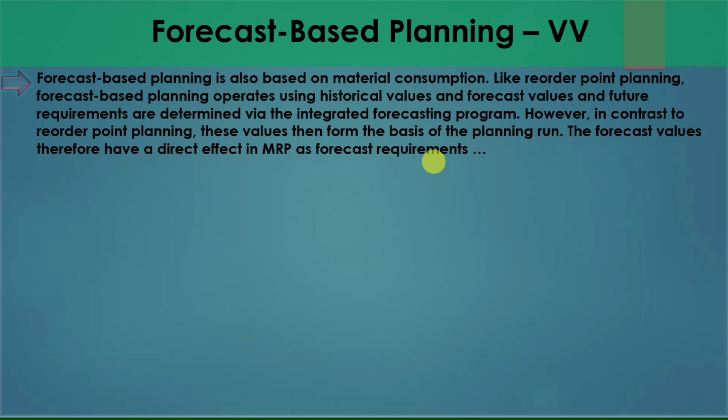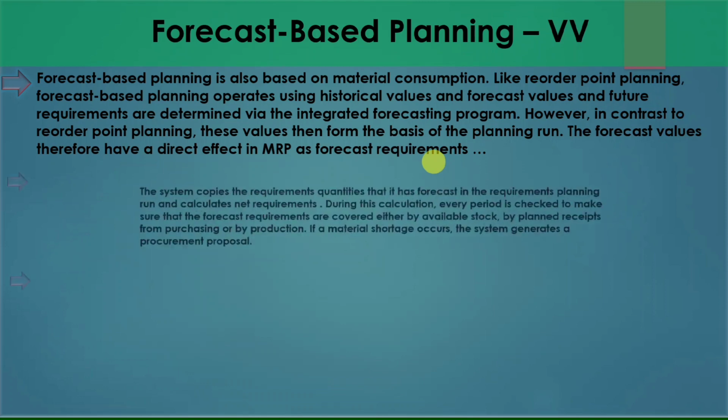Here this VV planning also considers your future planning runs, like if you have some requirement from a planning run of production or maybe from a sales order, this is also considered. The forecast values therefore have a direct effect in MRP as a forecast requirement.